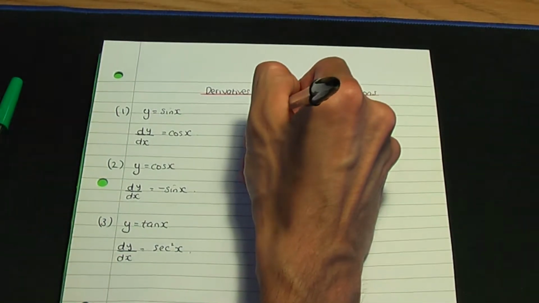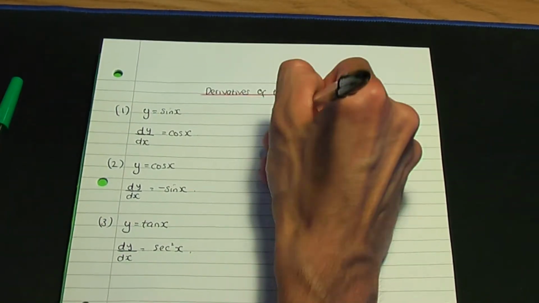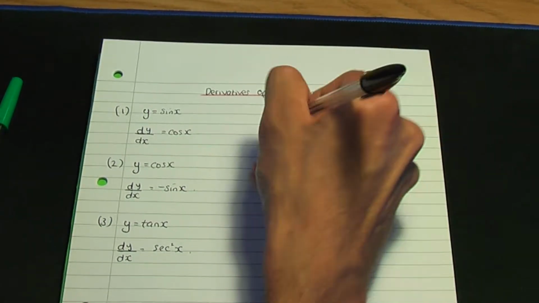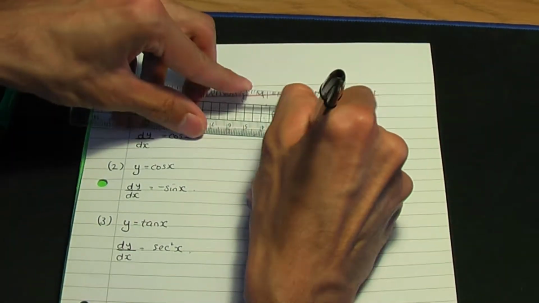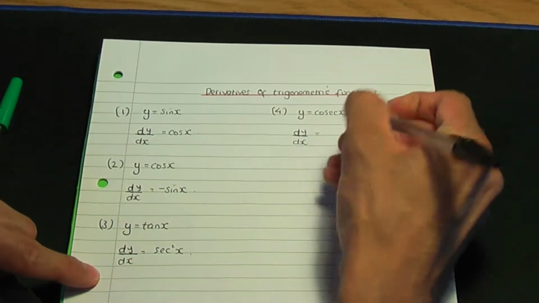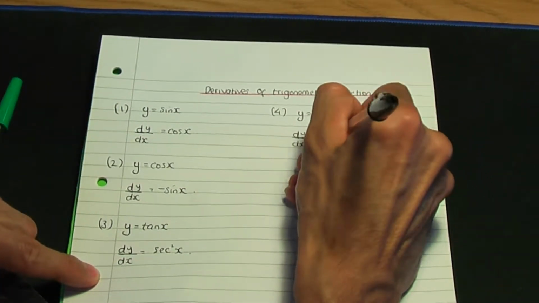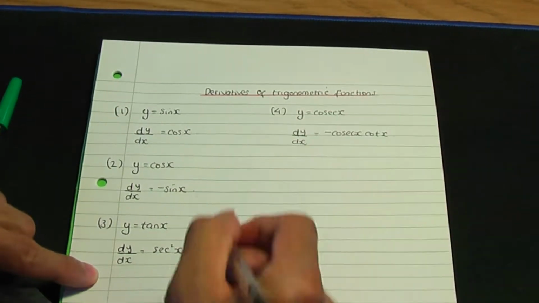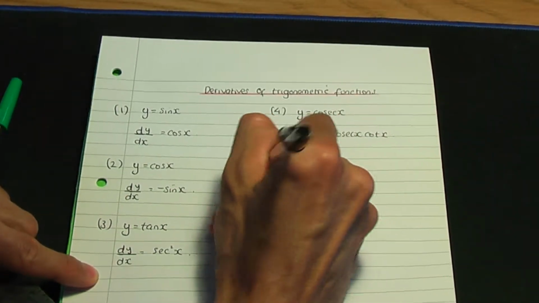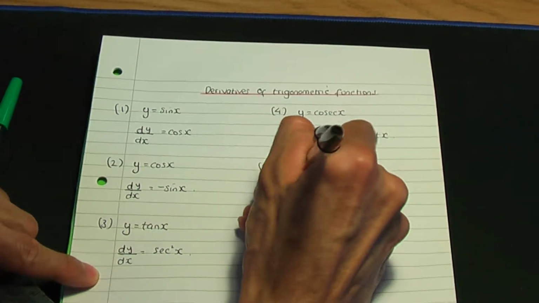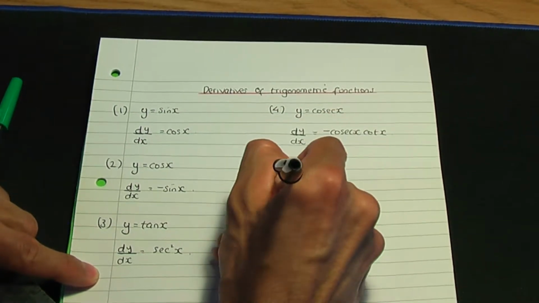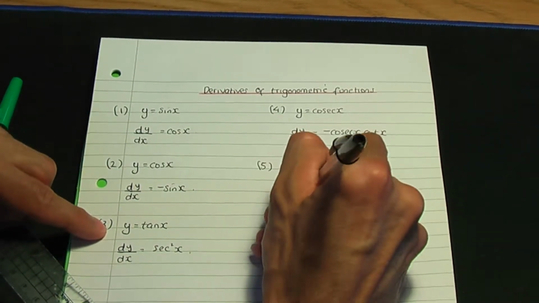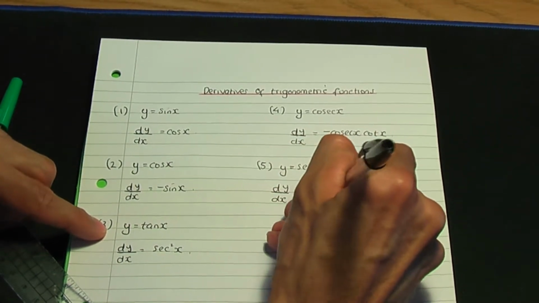So let me continue over here. Number four, if you differentiate y is equal to cosec x, dy over dx, you get minus cosec x cot x. Number five, y is equal to sec x. When you differentiate sec x, dy over dx is sec x tan x.